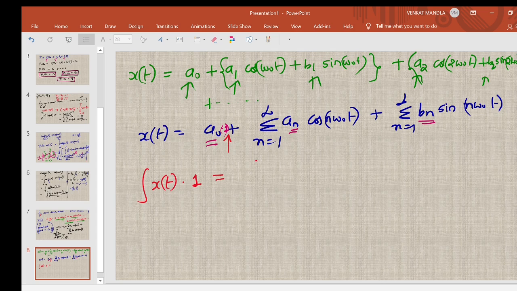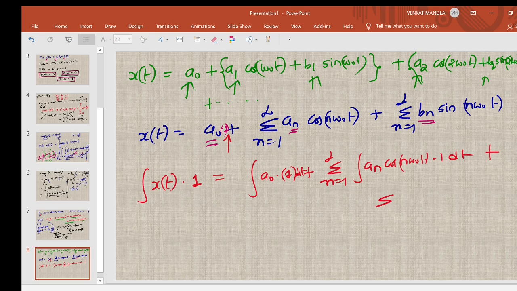So we get the inner product of a naught with 1, plus summation n equal to 1 to infinity integral of an cos n omega naught t into 1 dt, plus summation n equal to 1 to infinity integral of bn sin n omega naught t dt.